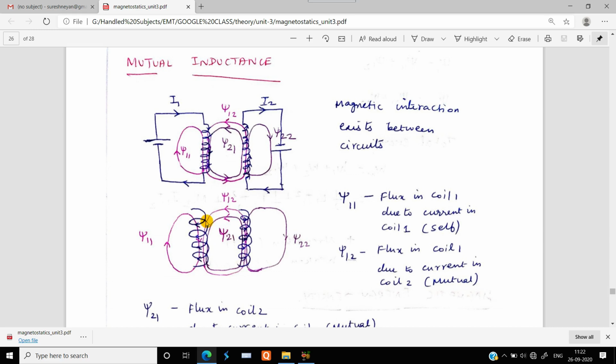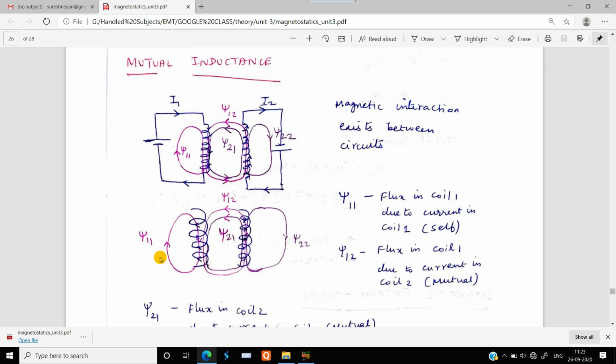Since the current is flowing in these directions, as we know from the representation of the magnetic field by the flow of current, that flow of current is going to be represented by the right hand thumb rule.